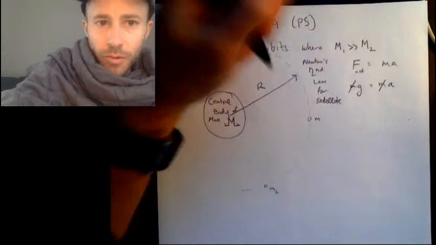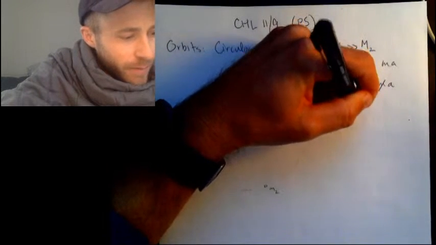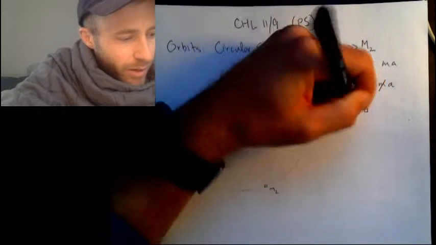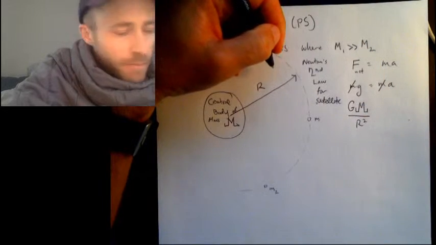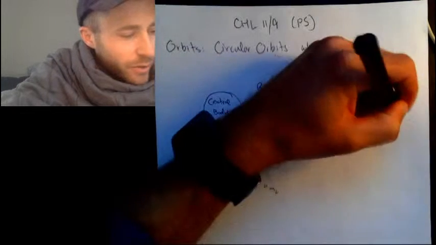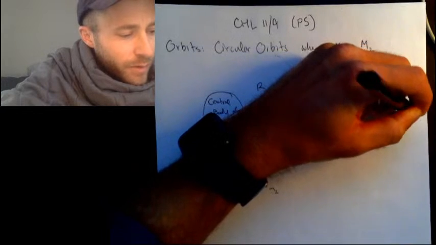Now we learned a formula for a gravitational field the last time, which was big G, big M over r squared. Okay. And furthermore, we learned an equation for centripetal acceleration, which was 4 pi squared r over the period squared.